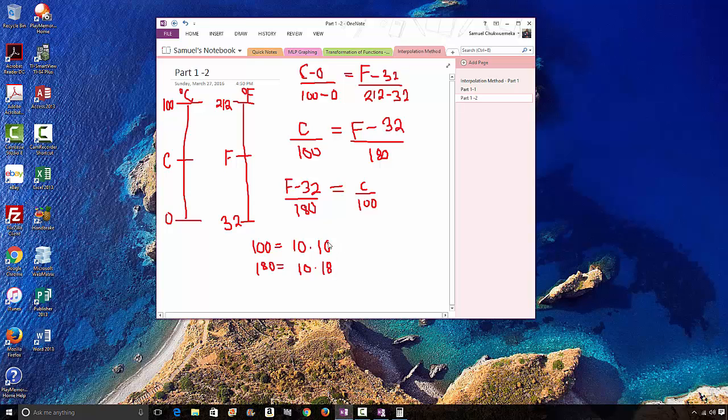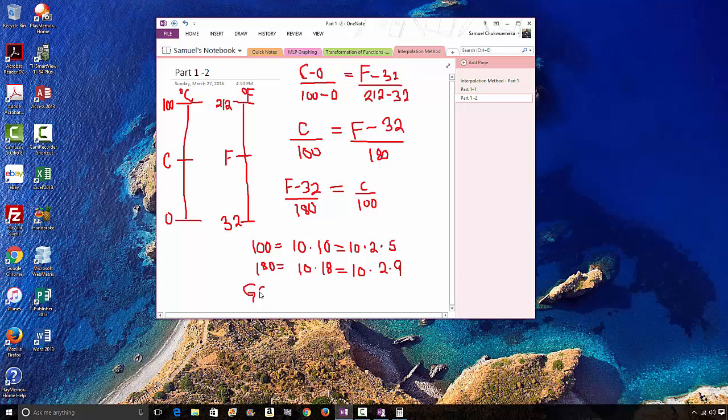Then I need to simplify these two more. So this will give me 10 times 2 times 5, and this will give me 10 times 2 times 9. So what is my greatest common factor?